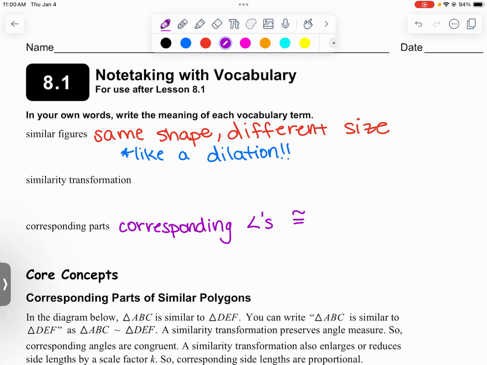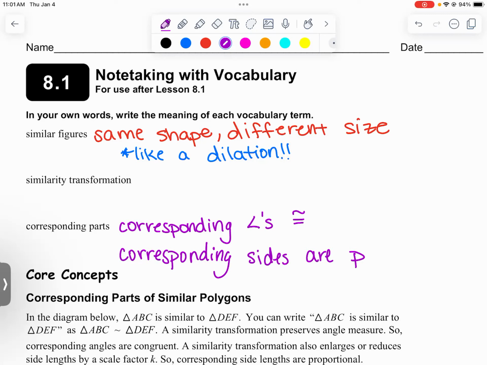How would we describe our corresponding sides? What makes them similar? Same shape, different size. Okay, the word starts with a P. Parallel? Perpendicular?